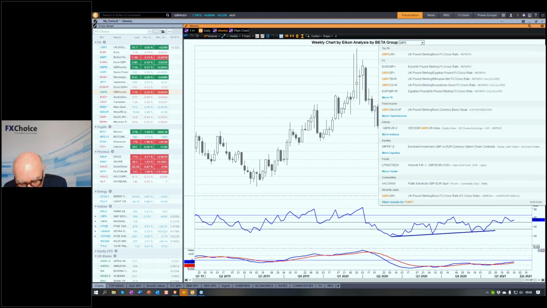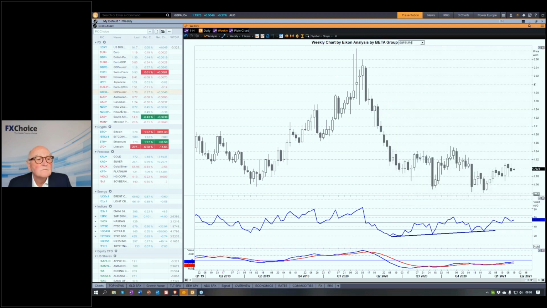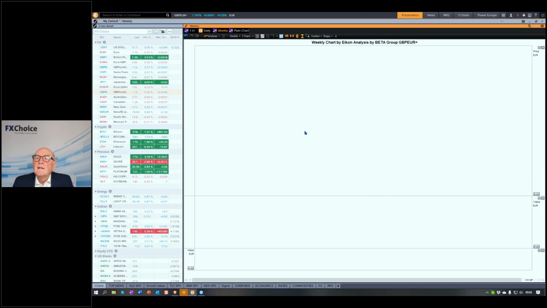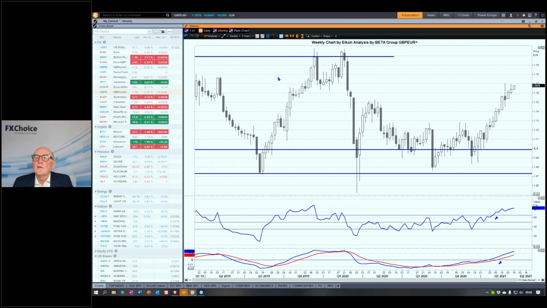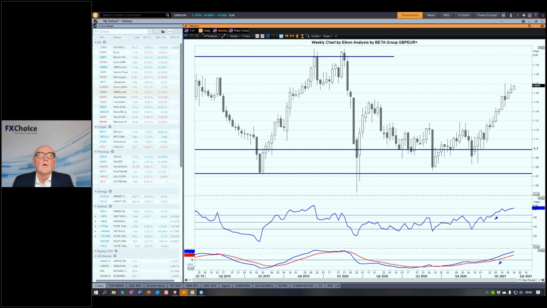I nearly got tricked there. Okay, so this is the move that we're in here now, a very powerful move. I think on our way in the long term up to tackle this double top right up here, that very significant resistance here. So this is sterling versus the euro on the weekly chart.